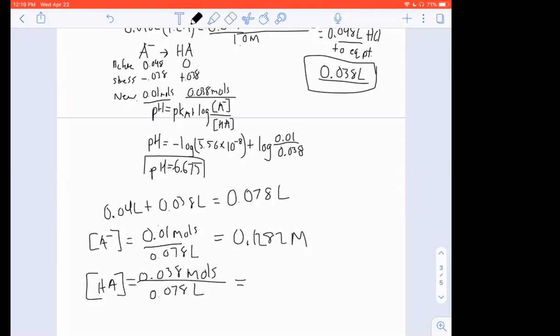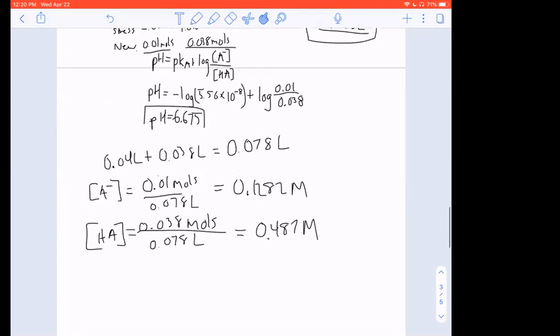For the HA, you're going to divide 0.038 by 0.078, which gives you 0.487 molar. So those are the two concentrations you're going to work with.